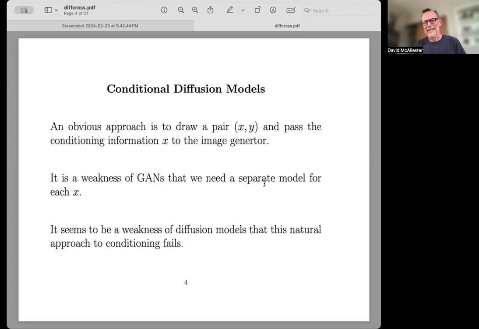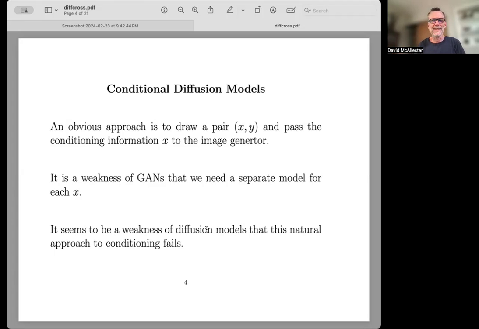So a weakness of GANs is that you have to use a separate model for each X. And it seems to be that a weakness of diffusion models is that you have to use this guidance trick. In principle, theoretically, you should be able to define one conditional model. If you take the universality assumption and you assume your model is infinitely expressive and it can be trained infinitely well, you should be able to get an exactly correct conditional probability of image given class, like dog.